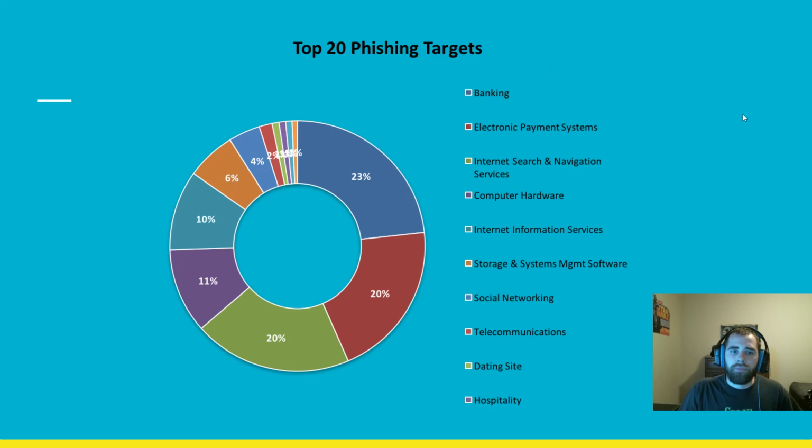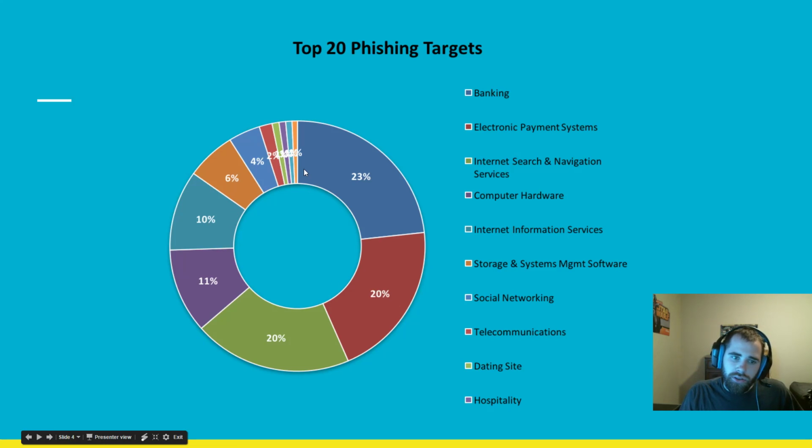The top phishing targets are, as you can see here, number one is banking. Next up is electronic payment systems. And as you can see here, about half of all this is basically trying to get your money. And then internet search and navigation services, we use those every day.